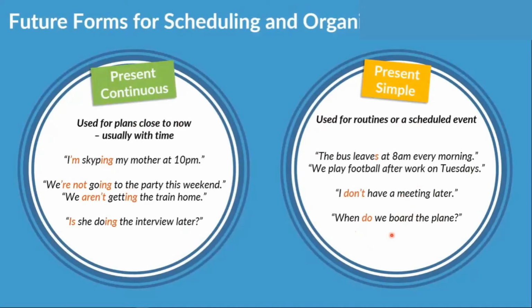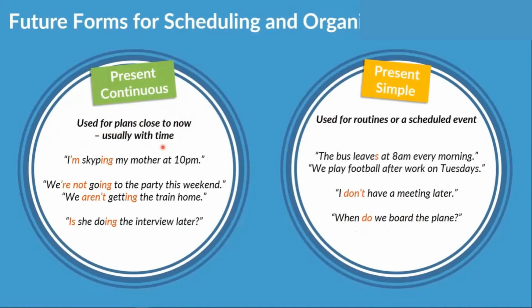So Sarah is asking, what is the difference between I am going to visit and I am visiting? Very good question, Sarah. I am visiting, we would use generally if it's very close to now and you're using a time. So for example, I'm going to visit France next year.